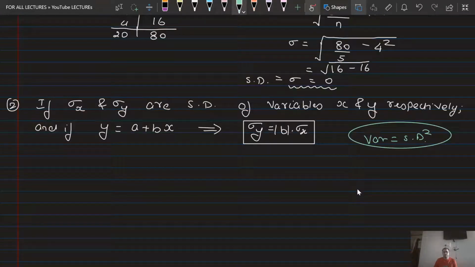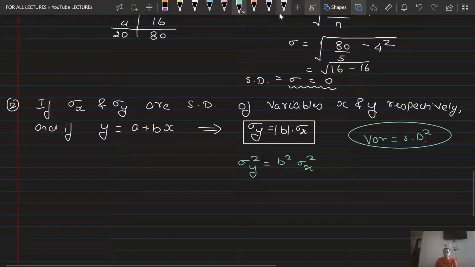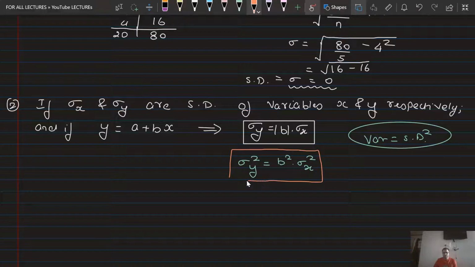So when I know that the variance is standard deviation square, I can say sigma square y is equal to b square into sigma square x, and I have removed the modulus from here because square of any number is always positive, so there is no need to put that modulus sign for taking the squares. Therefore we just write b square sigma square x. I'll give you an example for this.